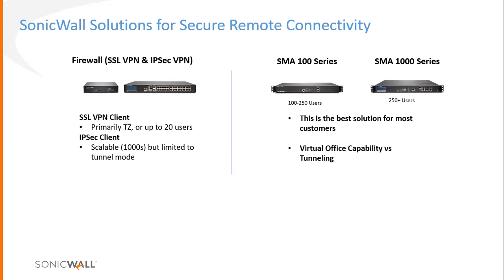But if you want a dedicated server or dedicated device that handles the SSL VPN only, then the SMA 100 series and the SMA 1000 series will be the best solution for you. That means they won't burden the resources at the firewall itself.